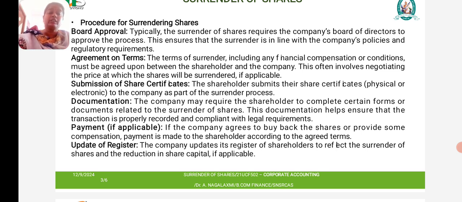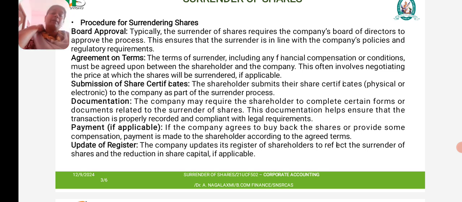This documentation helps ensure that the transaction is properly recorded and compliant with legal requirements. Payment. If the company agrees to buy back the shares or provide some compensation, payment is made to the shareholder according to the agreed terms.